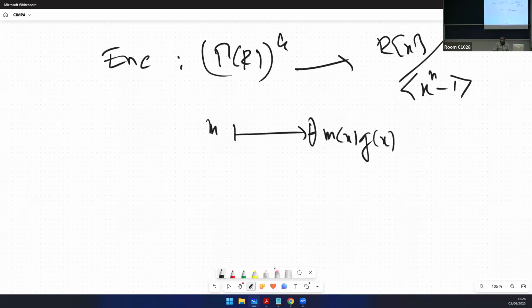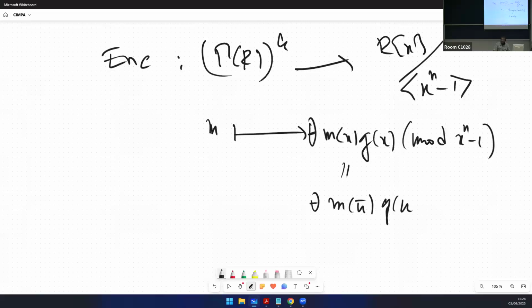We compute modulo x^n minus 1, x bar x equal x plus this integer. Okay.